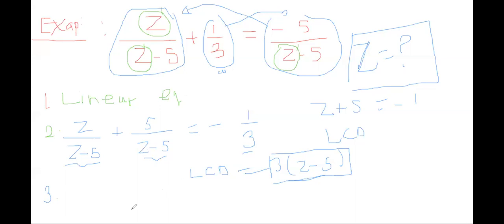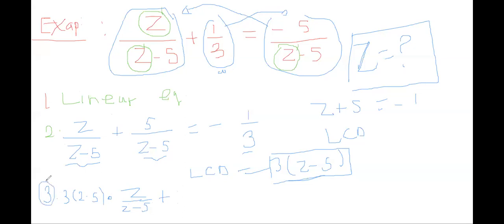All right, so we multiplied this across the equation. So this will be 3 into z minus 5 times this term, z over z minus 5, plus, then we multiply by this one again, 5 over z minus 5.